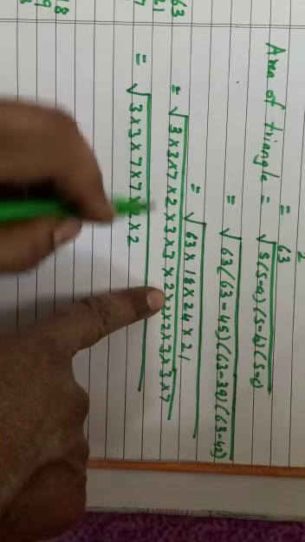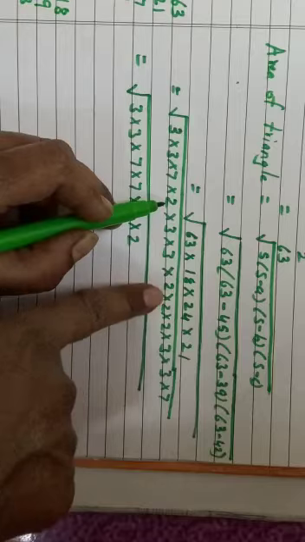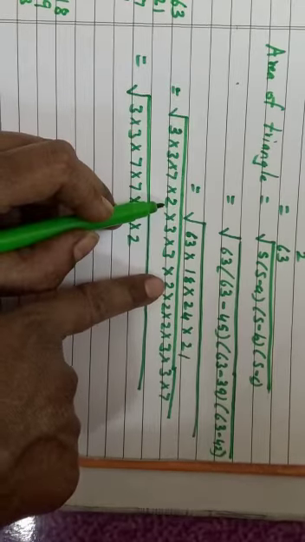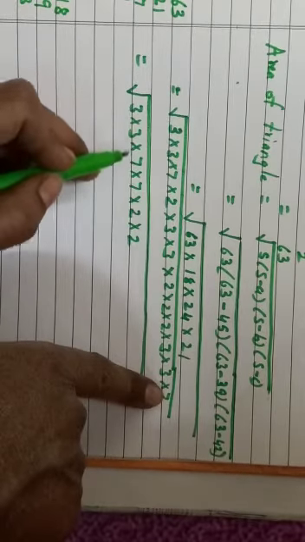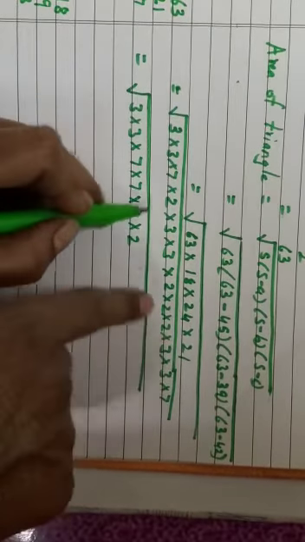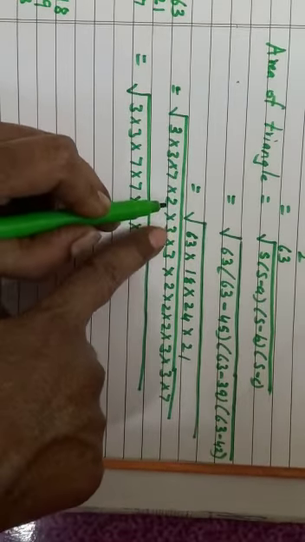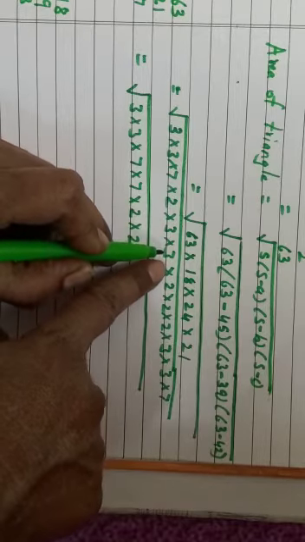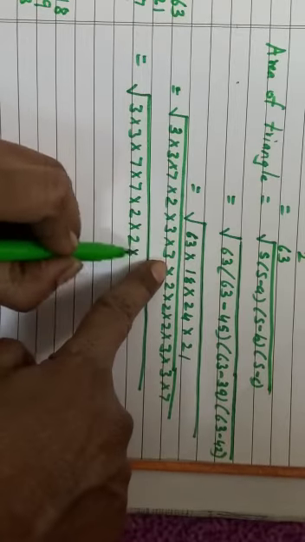Then after that, for this I have taken this 2. 5 and then 6. So 1, 2, 3, 4, 5 and 6. Now what do I have to do? Till here I have completed 3 into 3.